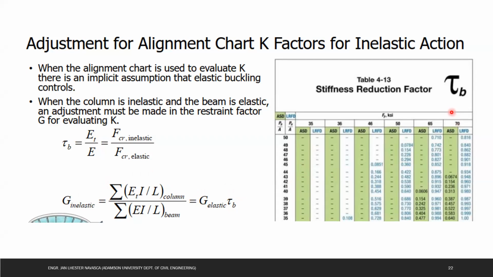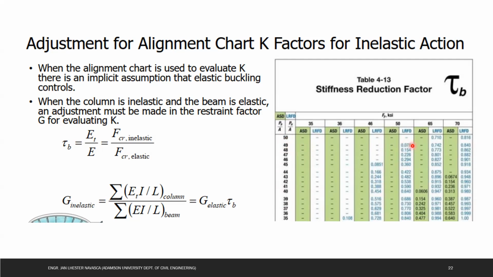So for your tau sub B, check the P over A of your column. Let's say the stress in your column is 49 ksi, and you are using an Fy that is 50 ksi. If you are using the LRFD design philosophy, your tau sub B should be 0.0784.